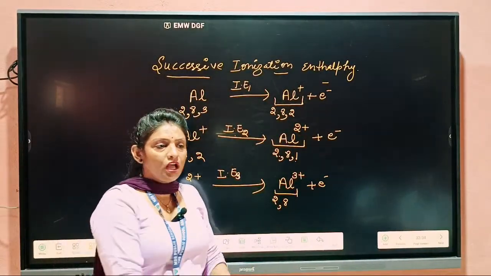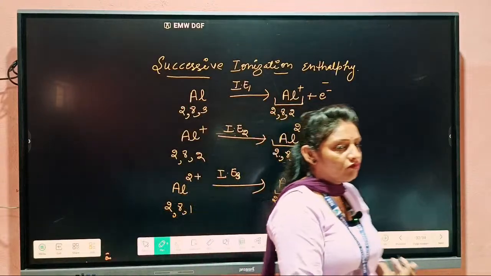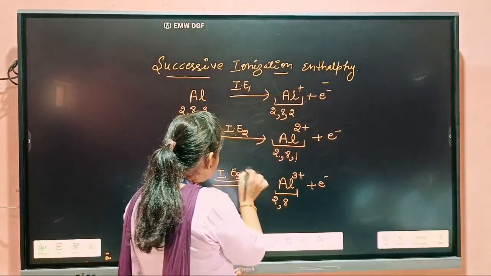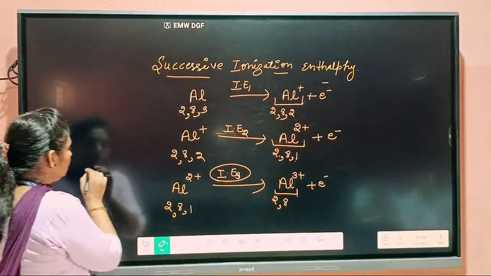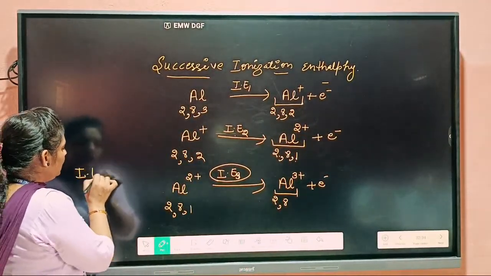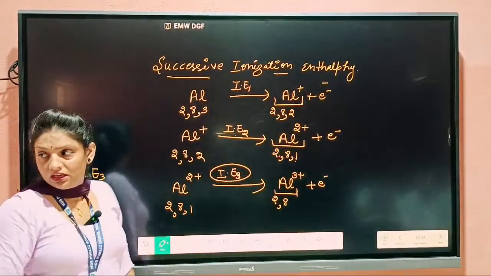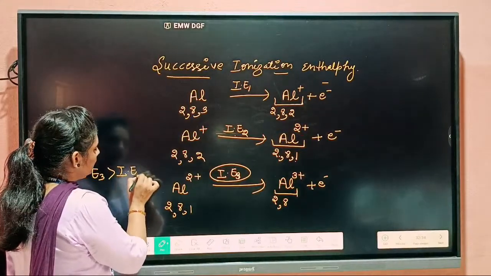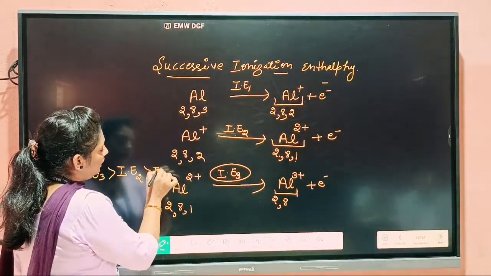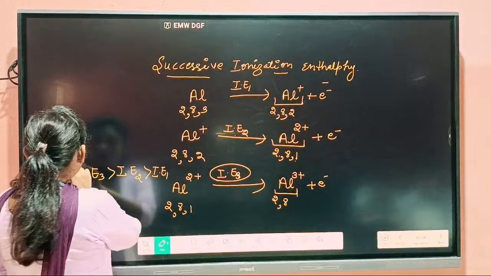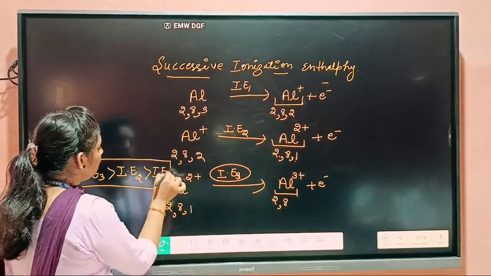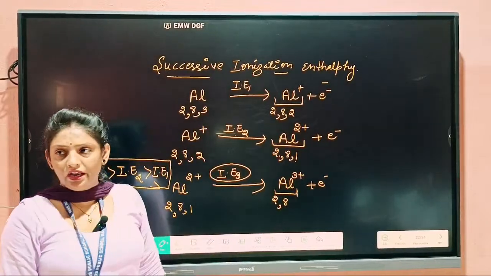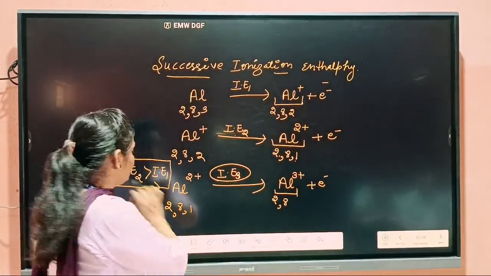So what will be the order for the successive ionization enthalpy? This amount of energy will be the greatest for IE3, then IE2, and then IE1. The energy required for removal of the third electron will be the maximum.